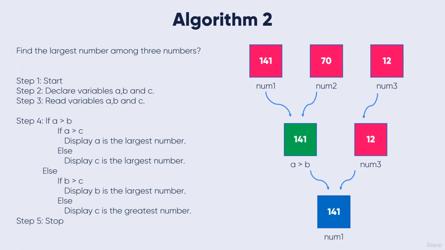We need to cover all the cases inside a good algorithm in order not to have bugs or errors during running the program. So if B is greater than C, if B is greater than A, then proceed. If B is greater than C, then display B is the largest. Otherwise, C is the greatest number. And step number 5, stop the program.